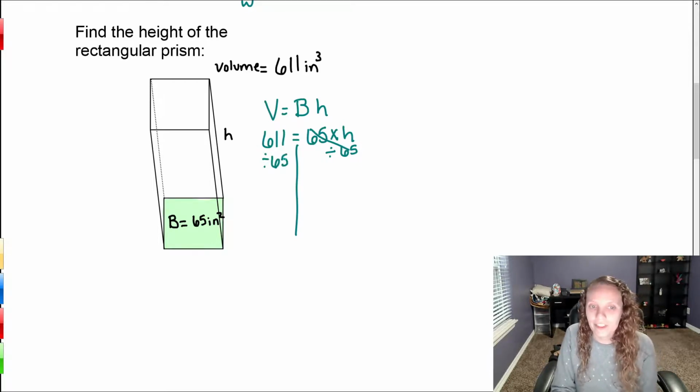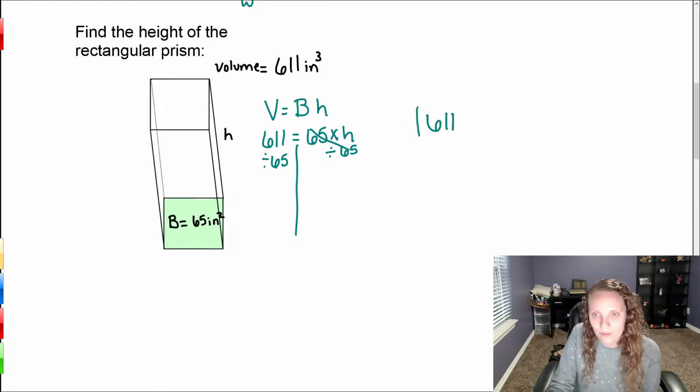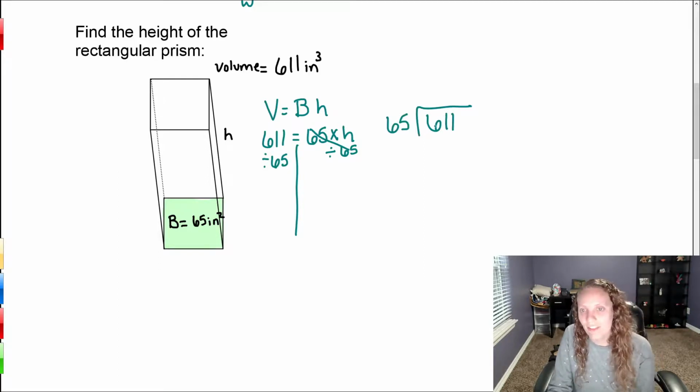So all we need to figure out is what is 611 divided by 65. 65 doesn't go into 6, it doesn't go into 61, but it does go into 611. We need to figure that out. Now I know that 65 times 10 would give me 650, which is a little bit too much.